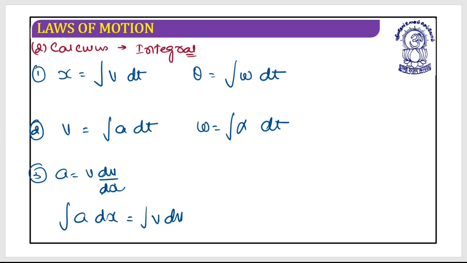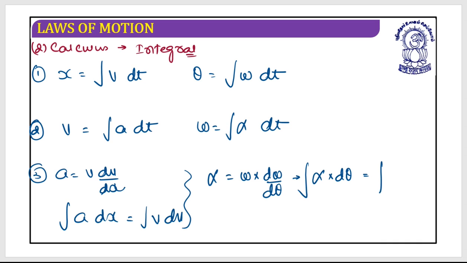This is important because it will give the change in velocity or the square of the velocity. From this you can reach the kinetic energy. In the same way, alpha is equal to omega into d omega by d theta. So the integration of alpha into d theta could be written as the integration of omega into d omega. This is how they are similar.